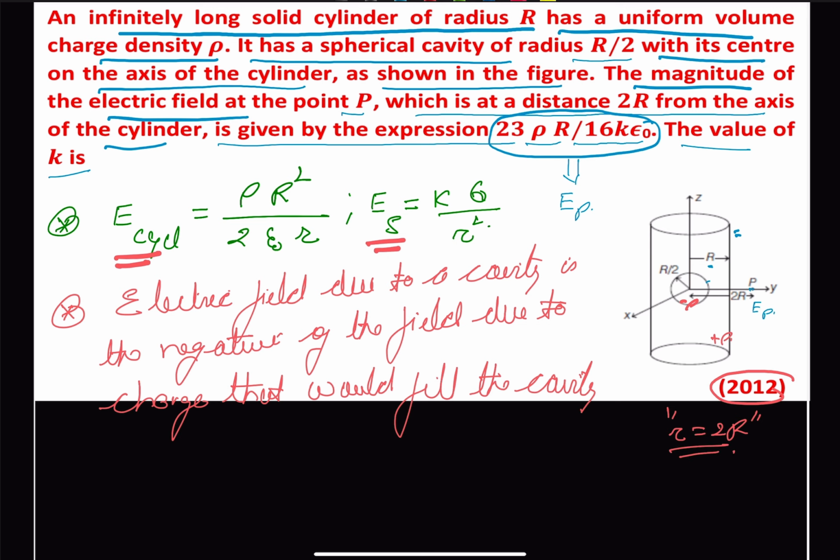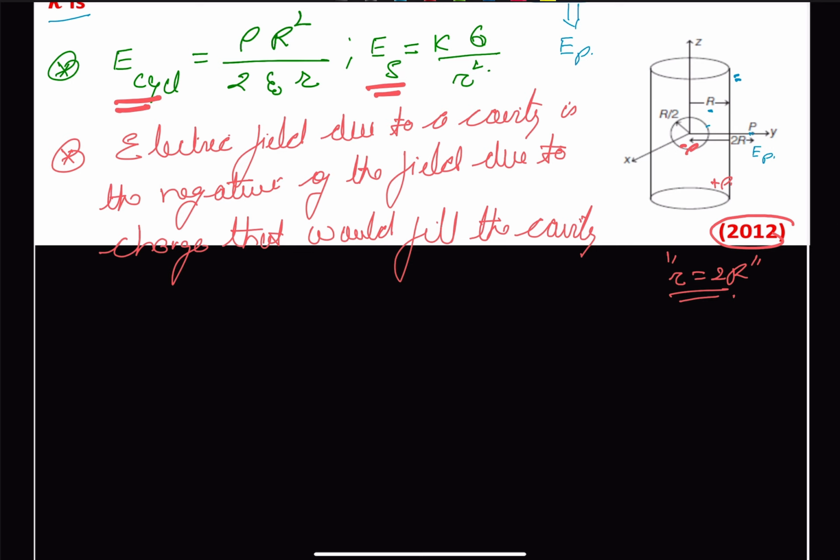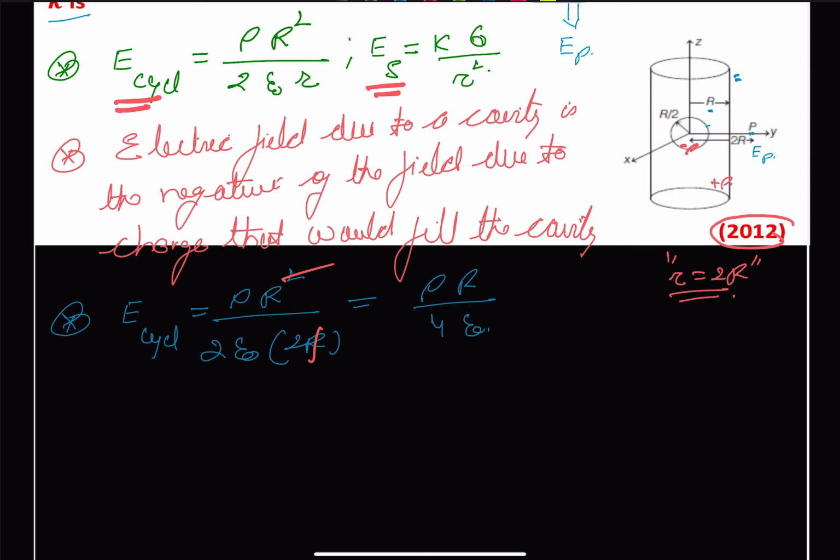So we can write that the electric field due to the cylinder will be rho r square divided by 2 epsilon naught, and this becomes, with 2r, rho r upon 4 epsilon naught, because quite simply this r goes with the square. And next we can find the electric field due to the cavity, and the radius of the cavity is r by 2.